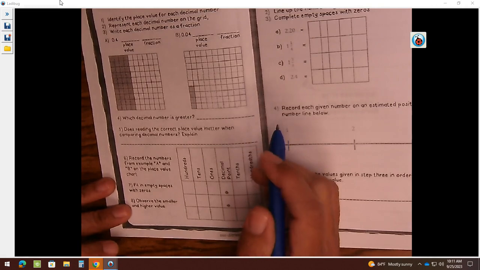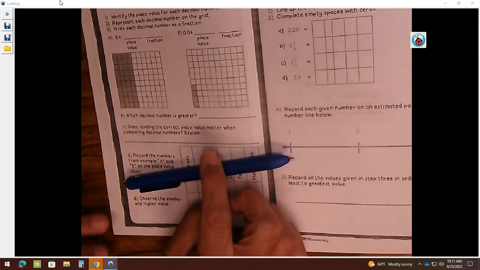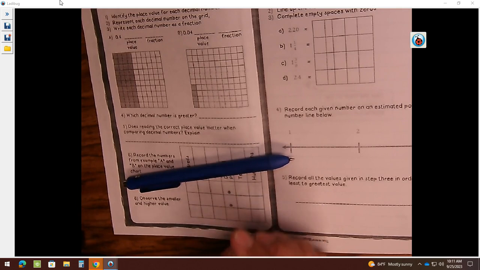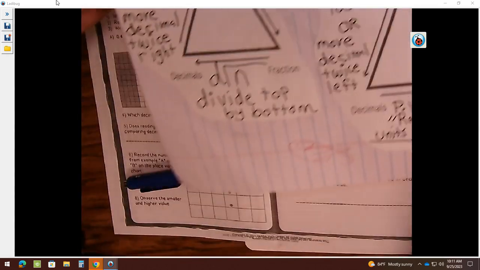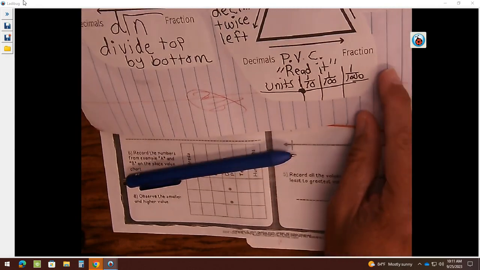Some of you are having trouble going from decimal to fraction. I saw that in the CPA on the first 6 weeks test. Guys, I told you, look what I said.